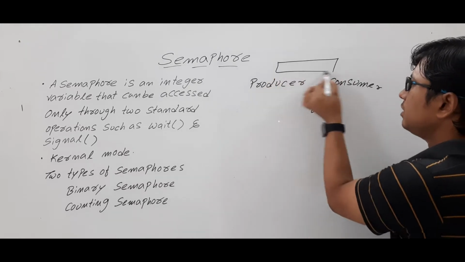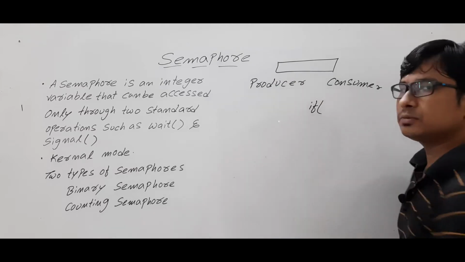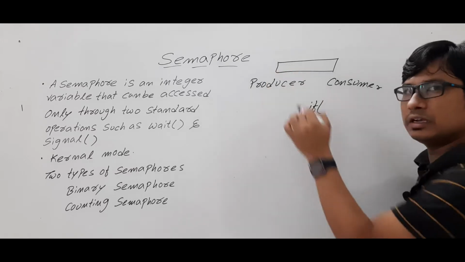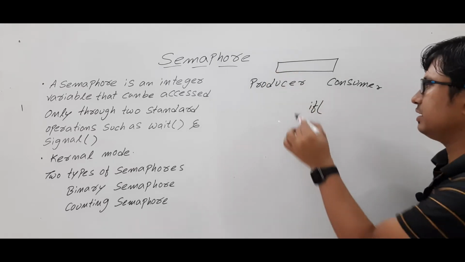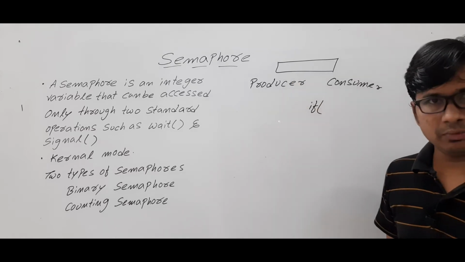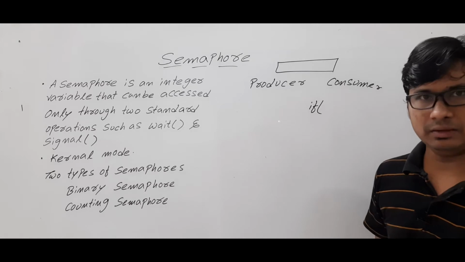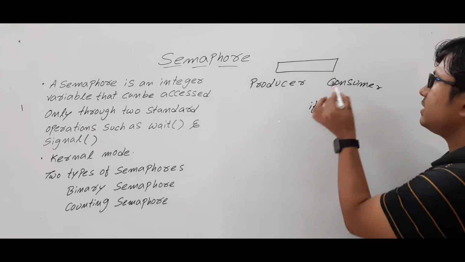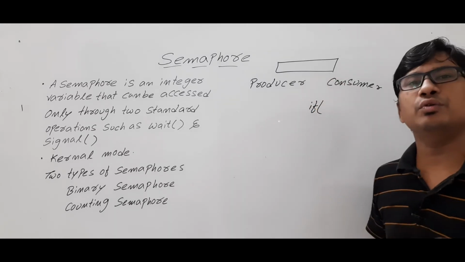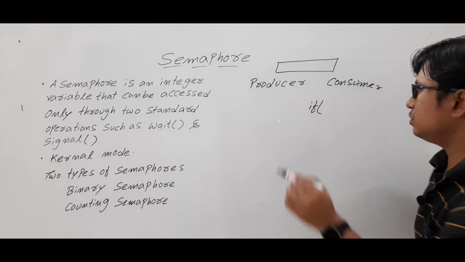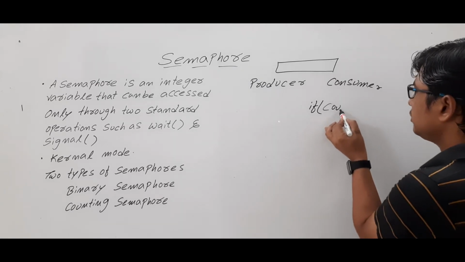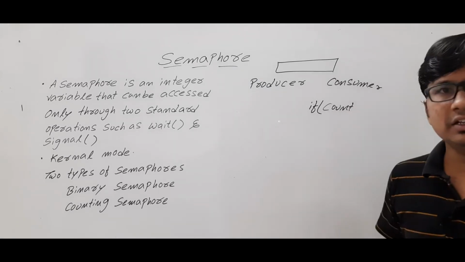In that buffer, whatever items the producer is producing, he will keep in that buffer, and we will have a count variable which will help us to know how many items are there in the buffer. Suppose let's take that 10 items are there, then count value will be equal to 10. So we have a count, it will tell us how many items are there in the buffer.